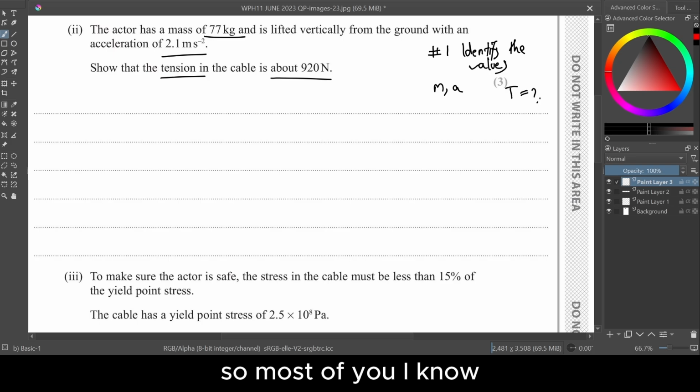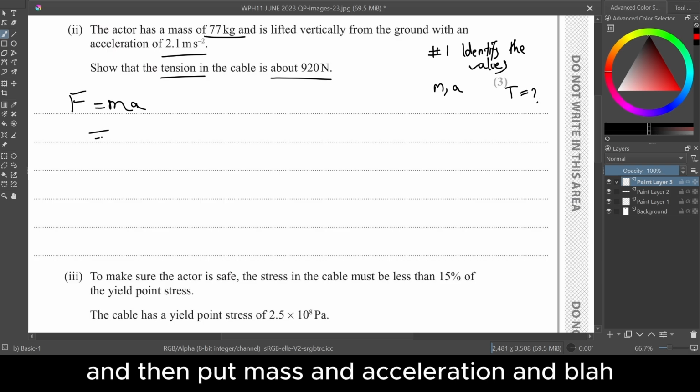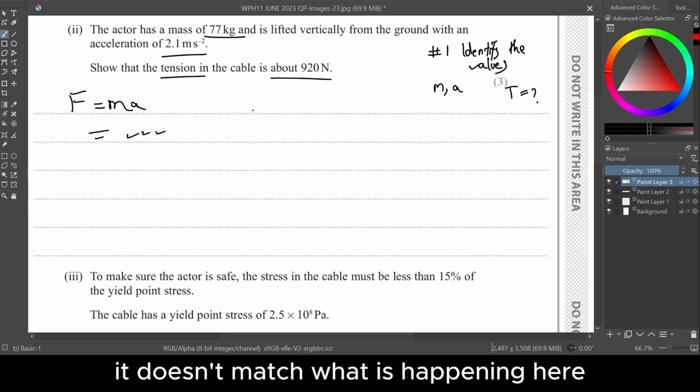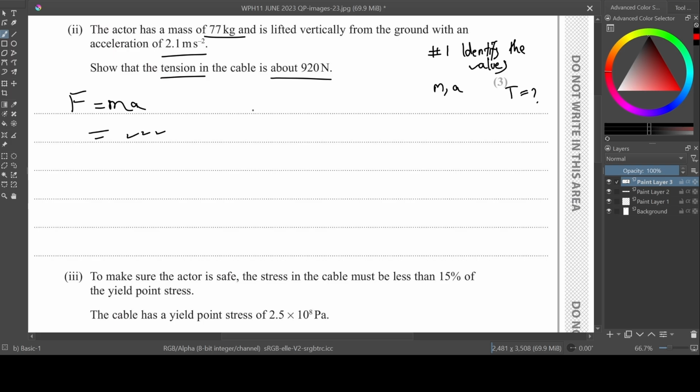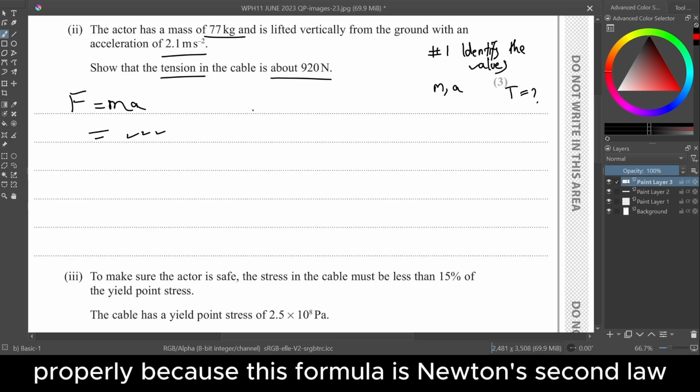Most of you, I know what you will do is directly do F equals ma and put mass and acceleration, and then you'll find that it doesn't match. What is happening here? It is because you don't know Newton's second law properly.